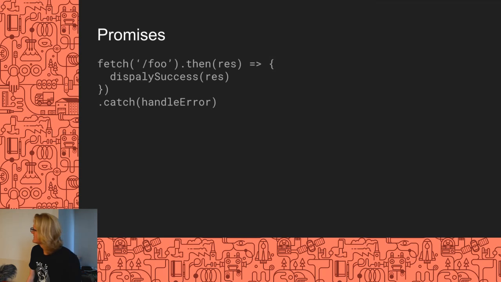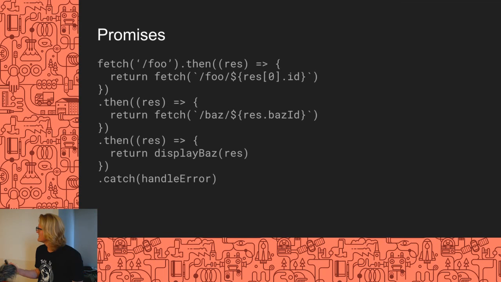So this is actually a few more characters than if this was just a straight callback. But in this next example, you can see making 3 requests in a row, you don't have that march to the right that just vanilla callbacks would give you. You can make 1 request and then handle it.